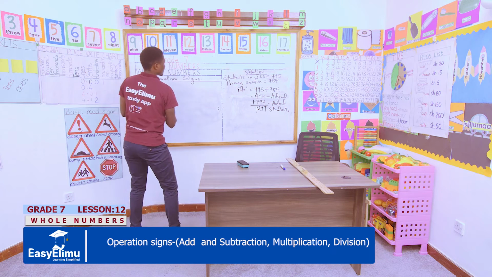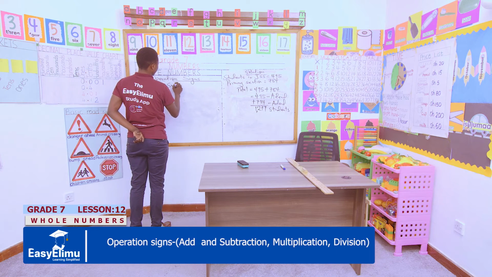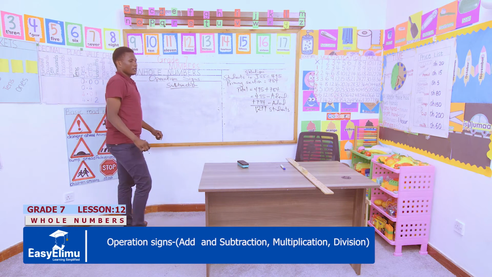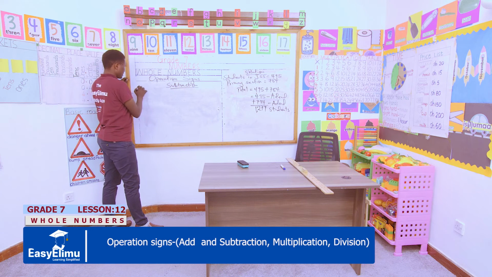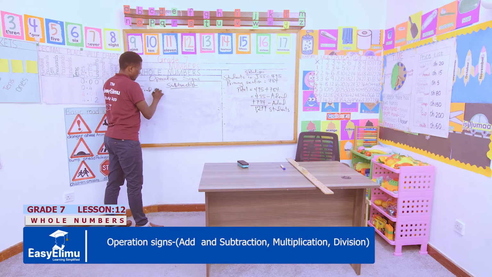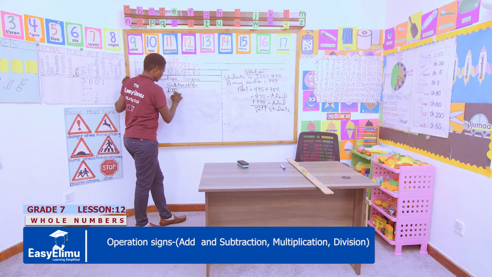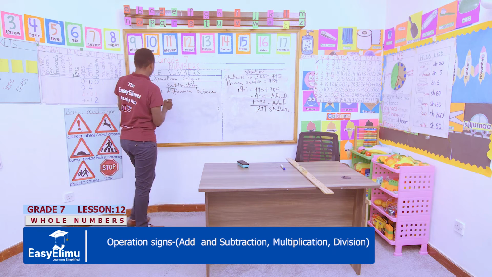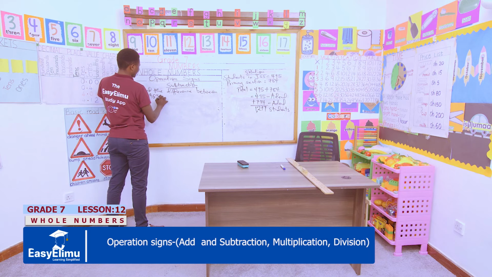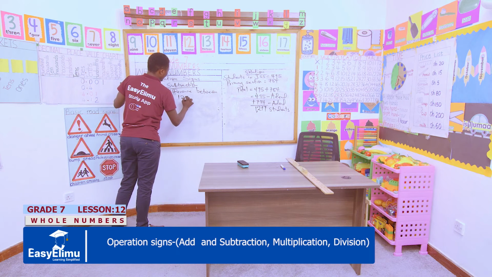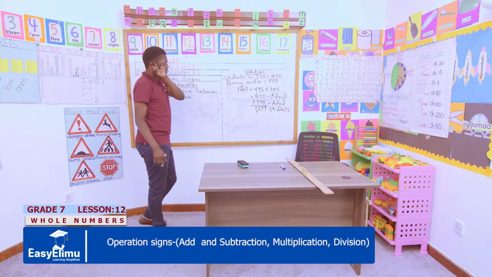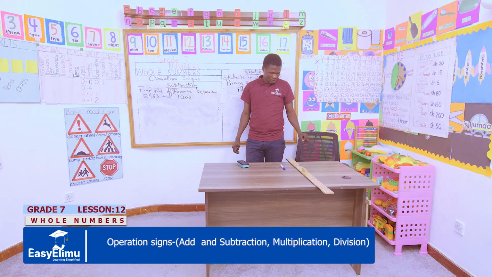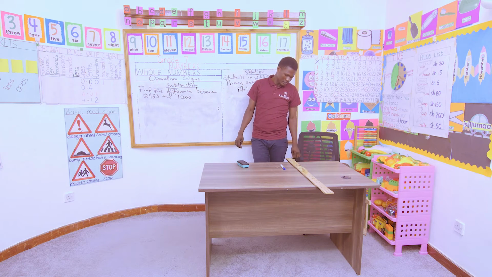So, an example under subtraction. Let us write the example: find the difference between 2,963 and 1,200.